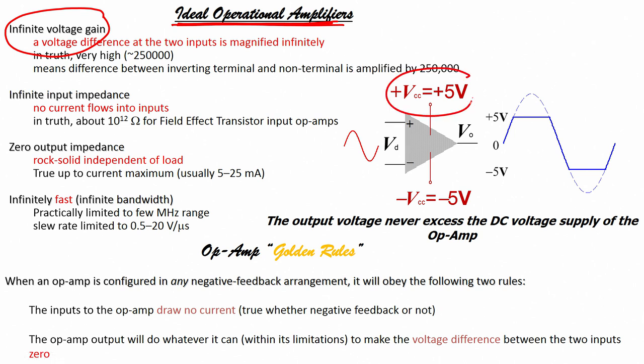Your plus VCC, your minus VCC. So, even if your input is small, let us say 1 volt, the maximum output that I can get is, you see, 5 volts, minus 5 volts, a little bit less than that, as you will see in the experiments also.